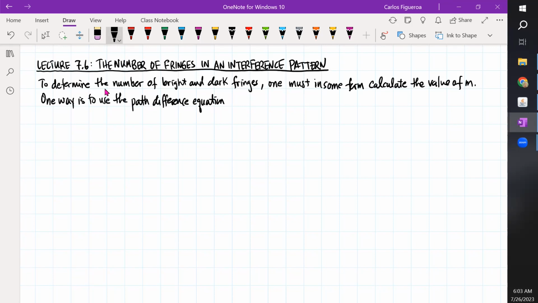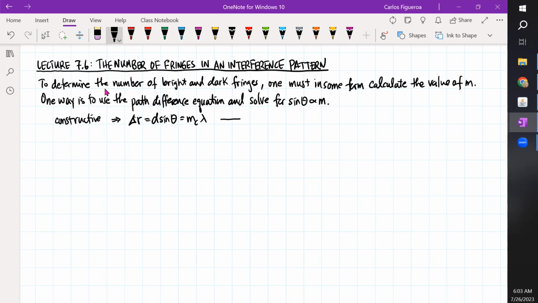One way is that when you deal with the path difference equation and you solve for sine of theta, this will be directly proportional to M. For constructive interference, the path difference is d sine of theta, which is MC lambda.